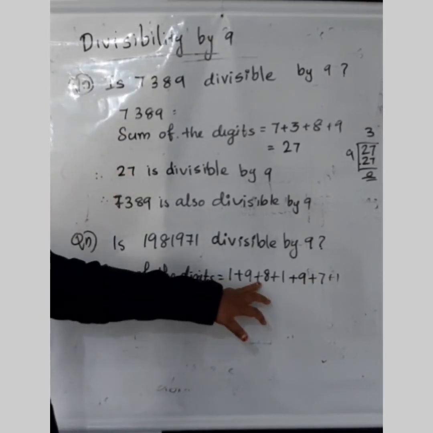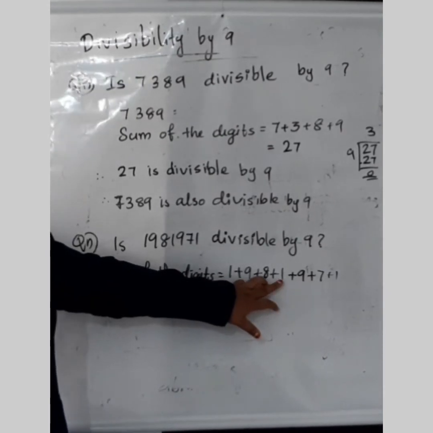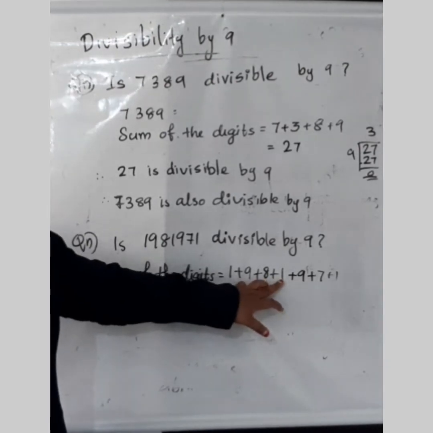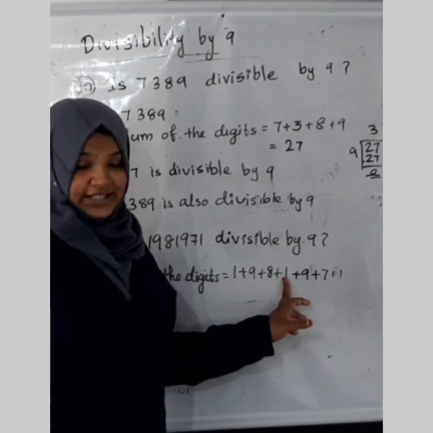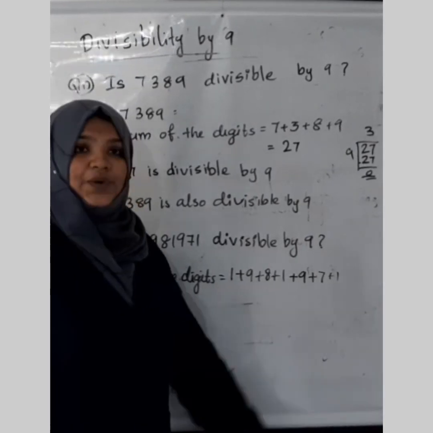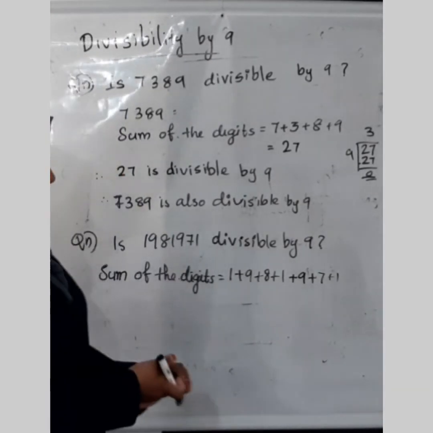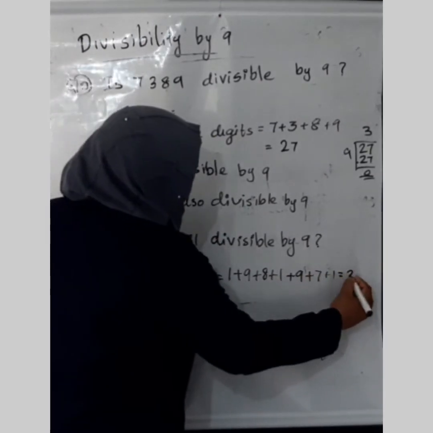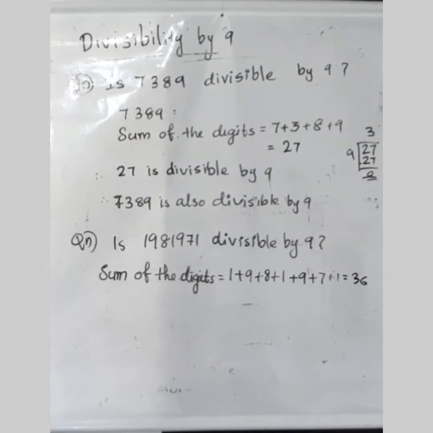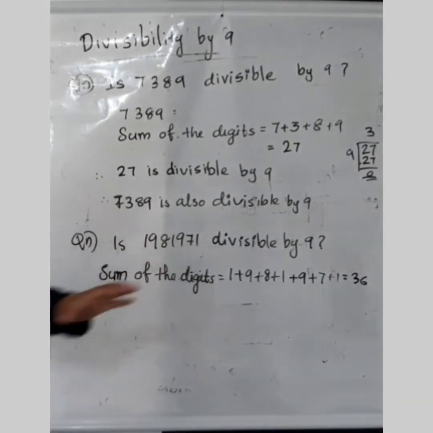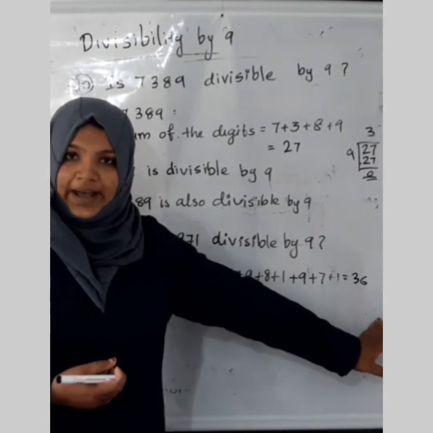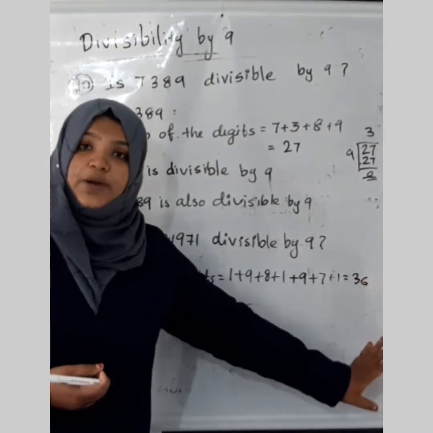So 1 into 9, 9, 2 into 9, 18, 3 into 9, 27, 4 into 9, 36. So 36 is divisible by 9, isn't it? 36 is a multiple of 9, therefore it is divisible by 9.